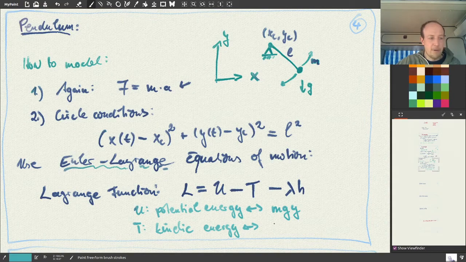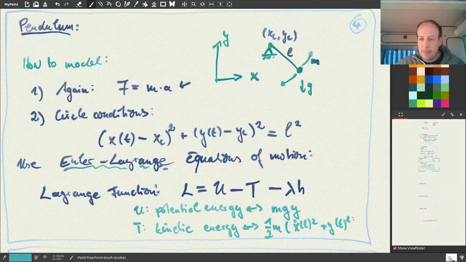Movement is the first time derivative, and in this case, it is a half times the mass times x dot of t to the squared plus y dot of t squared. Okay, and then the lambda is the multiplier, and the h is the constraint.